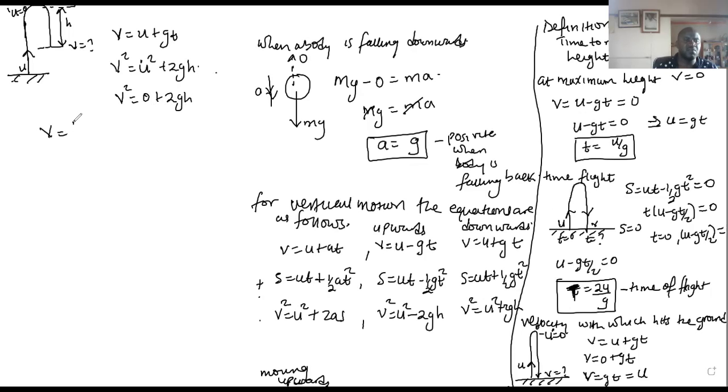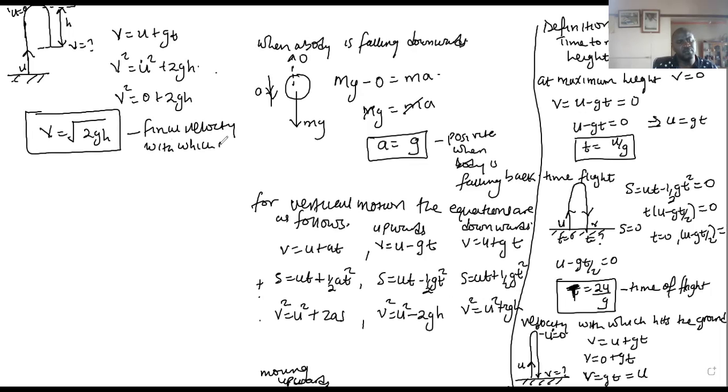Therefore, V is going to be the square root of 2GH. So this is the final velocity with which a body covers any height, or the body hits the ground.